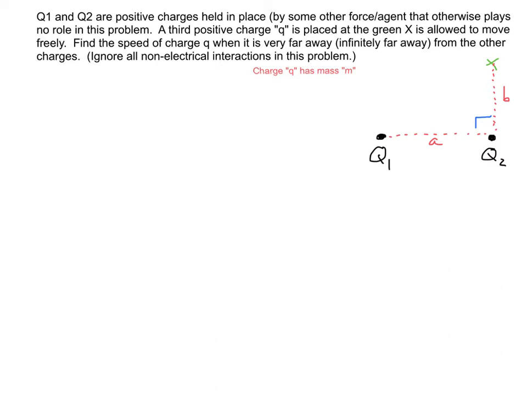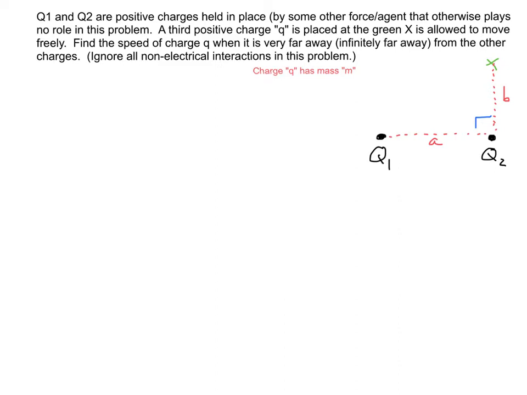First, we need to consider a system. Well, now, charge 1 and charge 2, Q1 and Q2, they're held in place by some other agent, but we are told that that other agent or force doesn't otherwise interact with this problem. So maybe we can consider a system consisting of charge Q1, charge Q2, and the charge little q that we're going to put right here. So that's going to be our system.